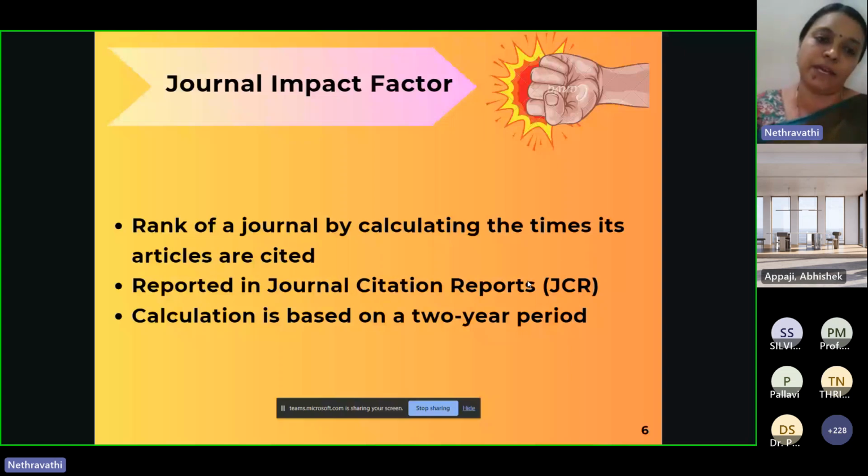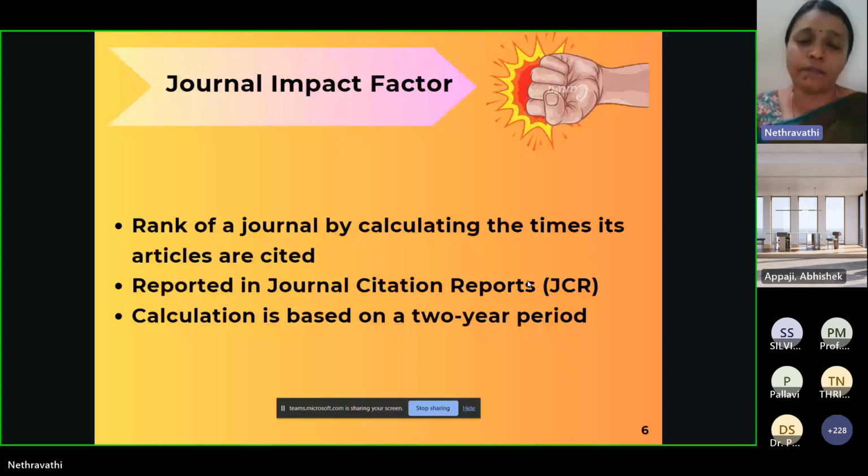It is calculated by how many times the articles pertaining to that journal itself are cited. So how many times there has been a citation for articles published by the same journal. Based on that, they'll give some rank to the journal, which is called the journal impact factor.